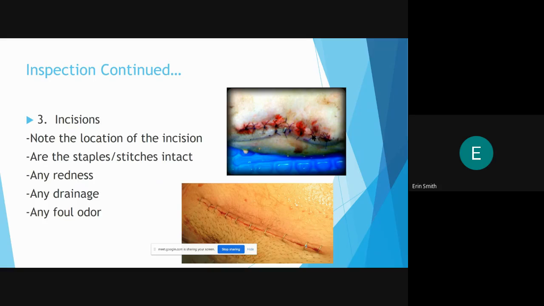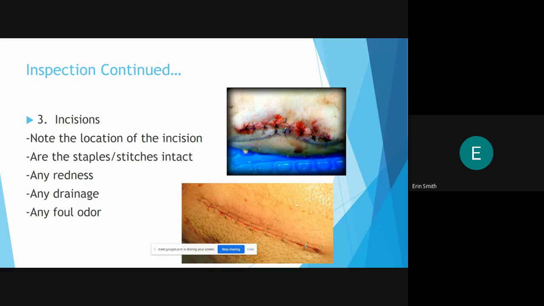Another thing you want to look for is drainage. So there's always a normal amount of drainage. Okay, so you don't need to freak out if you have a patient that has a dressing on and you see some drainage coming from the incision. Some drainage is actually normal, and you would want that for healing purposes.